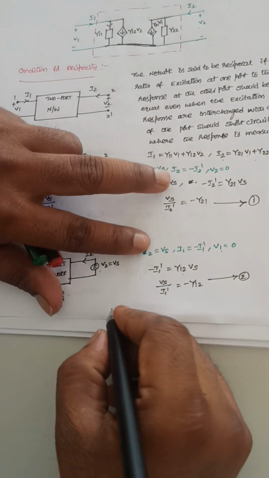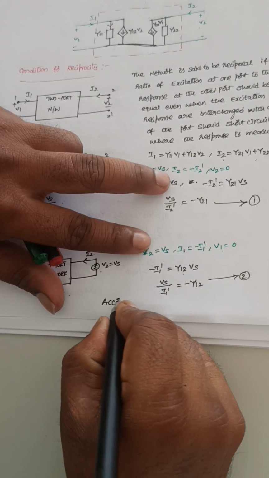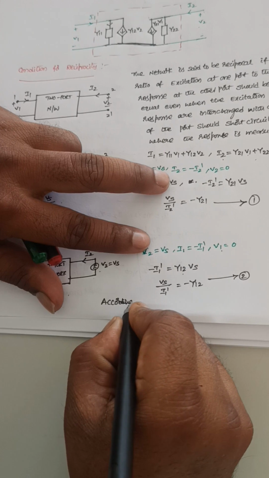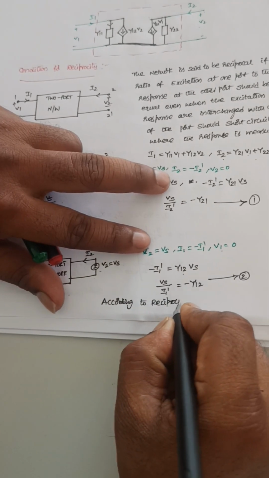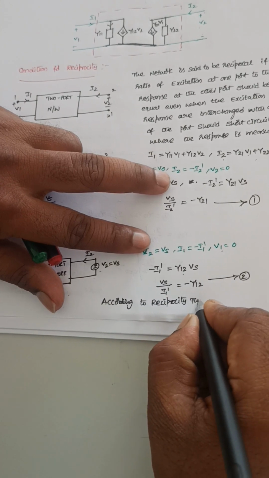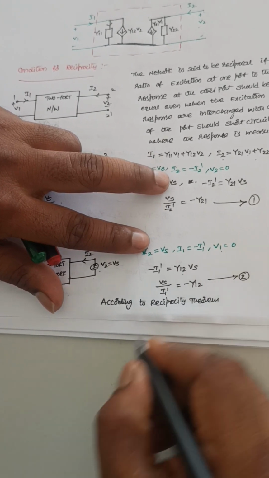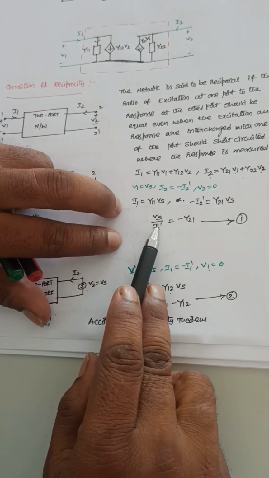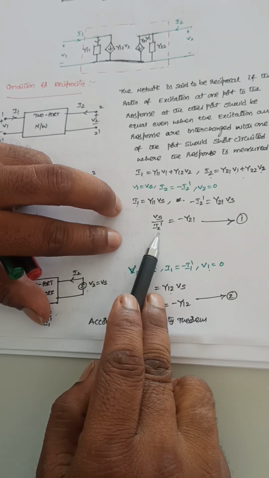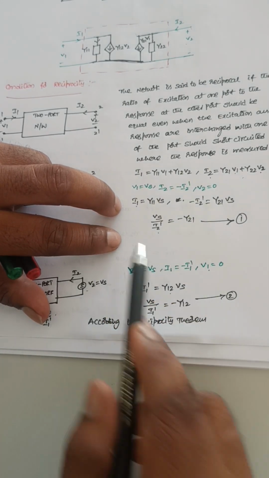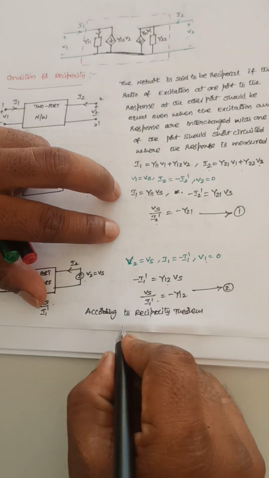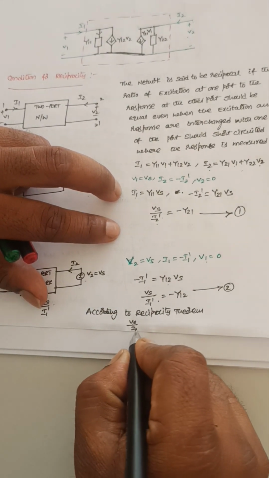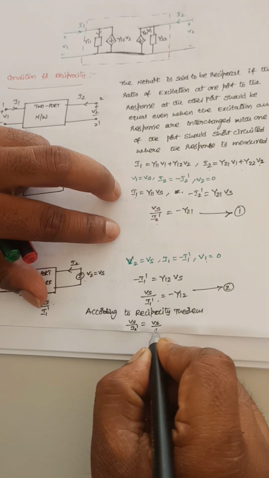According to the reciprocity theorem, the ratio of excitation to the response is equal even when the response and excitation are interchanged. That is, Vs by I2 dash is equal to Vs by I1 dash.